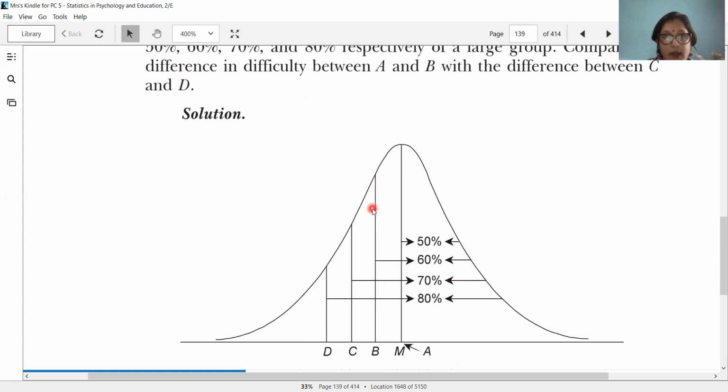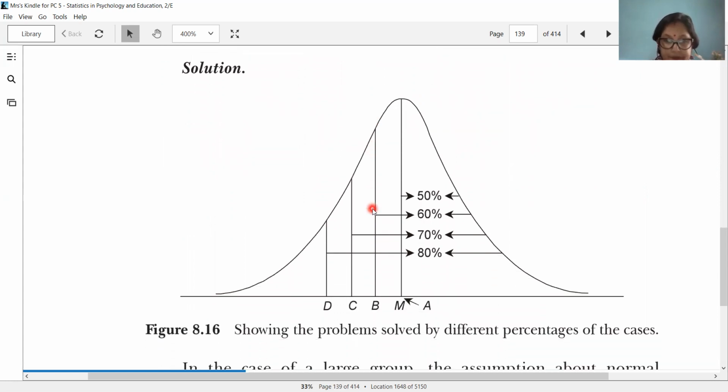So according to the normal curve, you try to understand here that problem A is solved by 50% of the group. Problem B is solved by 60%. It means 10% more students or individuals are added to the group to solve problem B. Then again, problem C is solved by 70%, so 20% were added to 50%.